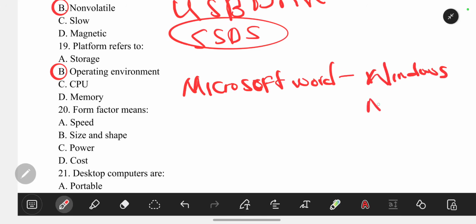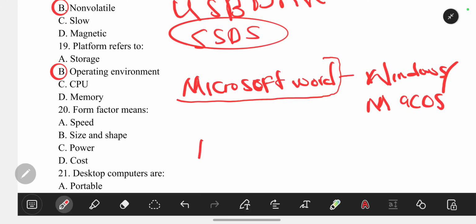We might be talking about things such as Mac OS. These provide a platform for Microsoft Word to work. So Microsoft Word can work on Windows, it can work on Mac OS, which are types of operating systems.